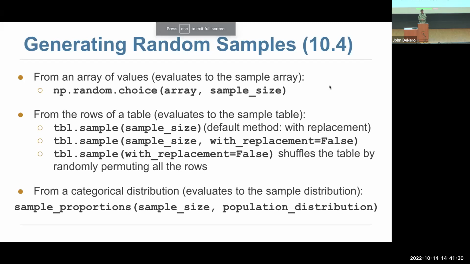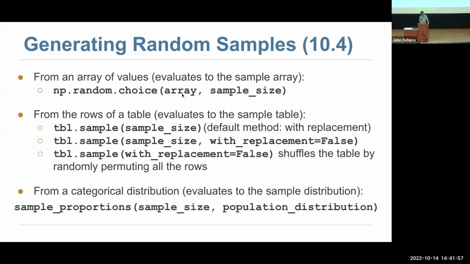Generating random samples has 3 different approaches, and you don't know which one you're going to have to use, so you better be aware of them all. np.random.choice takes an array of outcomes and chooses outcomes from this array with equal probability for each outcome with replacement sample size times.